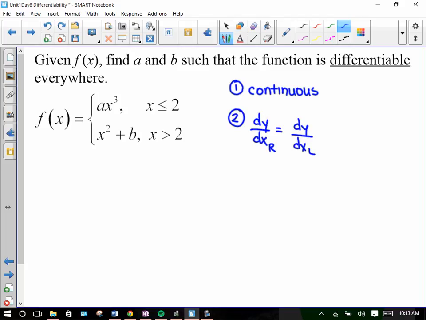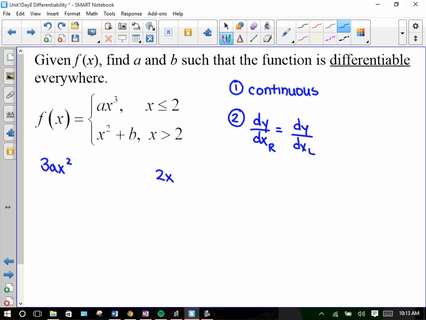Alright, so we're going to take the derivative of this. The derivative of a x to the third, and this is the left-hand side, is going to be 3a x squared. Again, the a is just going to be a number, so for now, I'm just leaving that there. We also know that the derivative on the right is going to be 2x. The b goes away because the b is a constant. Since the b is a constant, the derivative of b is 0.